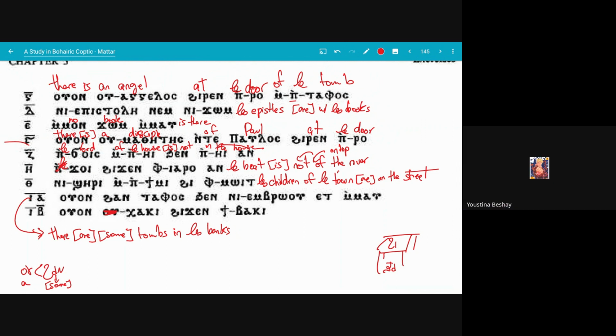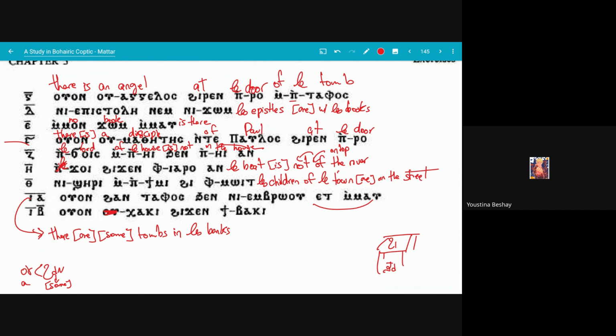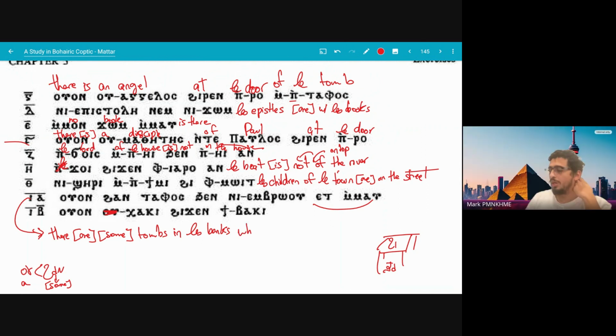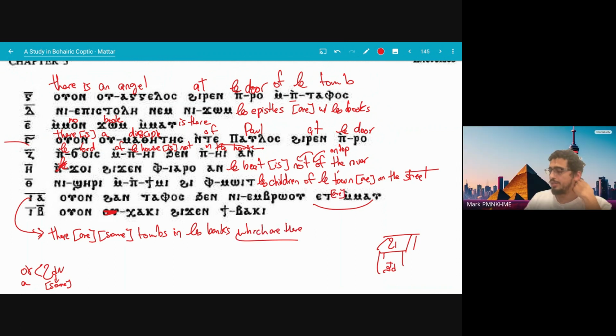Okay, and then etemau. Do you know etemau? Which are there. Which are there, but also it's a Coptic idiom. It just means in those banks. Okay.